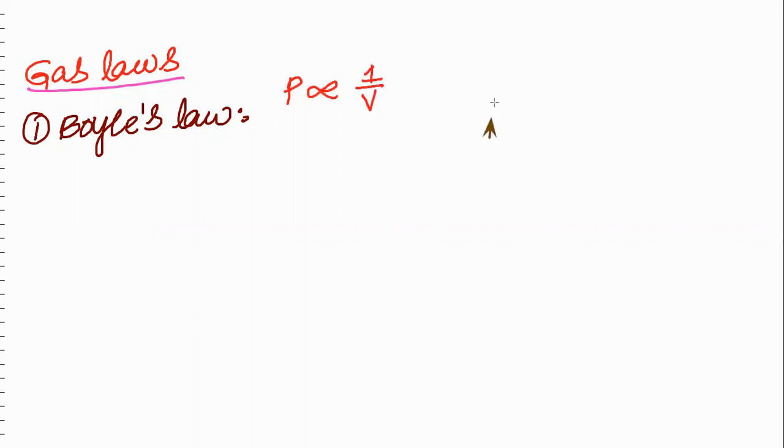That means if volume increases, pressure decreases, and if volume decreases, pressure increases. If pressure is taken on the y-axis and volume along the x-axis, then with increasing volume, pressure decreases. This is the shape of the graph.